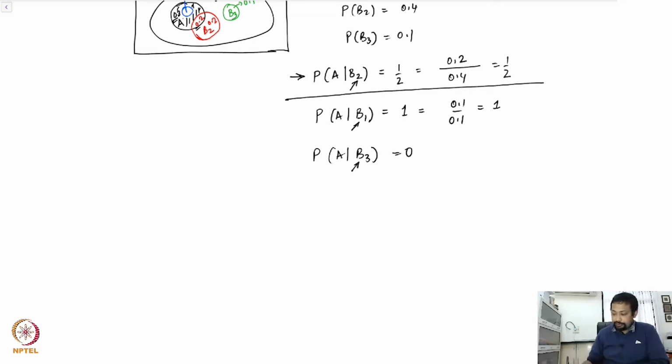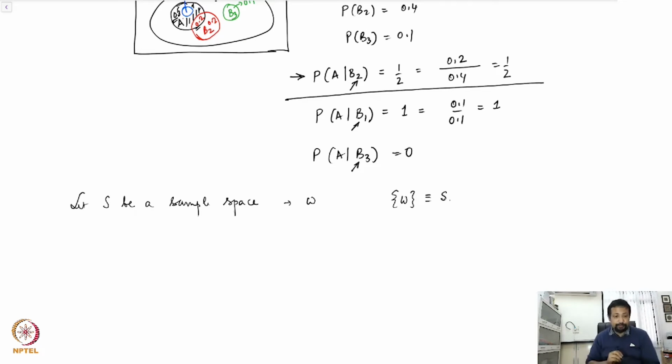Now let's take a formal derivation, and try to see if we can formally get these ideas. So let S be a sample space, and if this sample space has outcomes omega, then this forms the sample space.